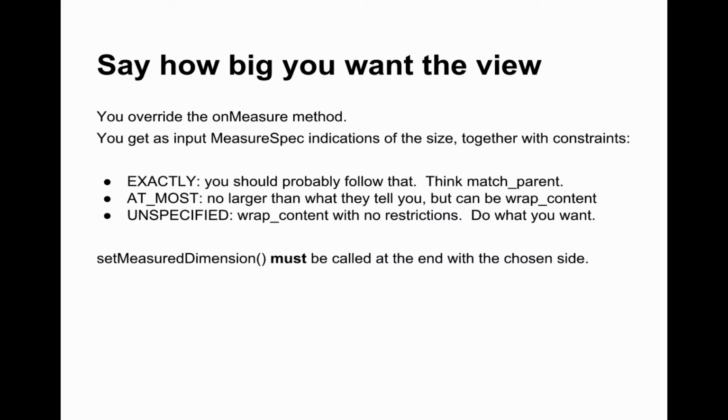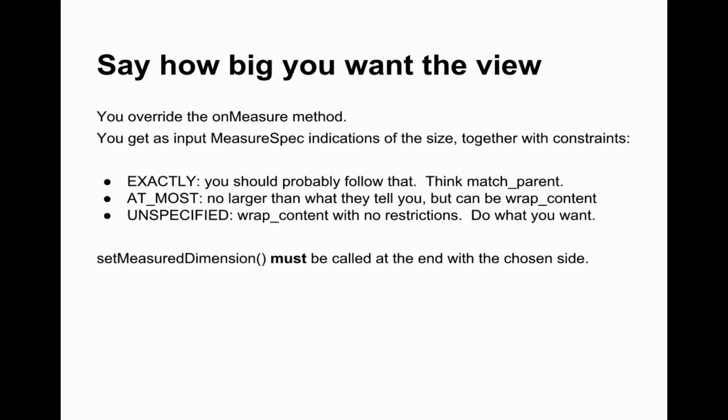Okay, so we don't see some of the recursive calls because the recursive calls happen for the layout type of classes, that are in charge of managing the position of the children. What I'm teaching you here is how to write these onMeasure methods for the children that are the leaves of the hierarchy.